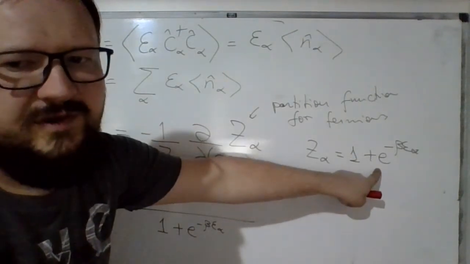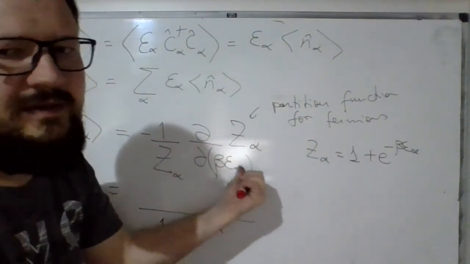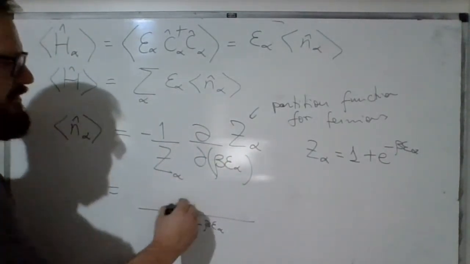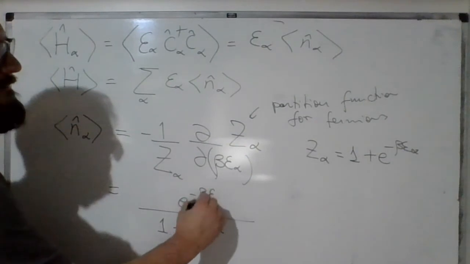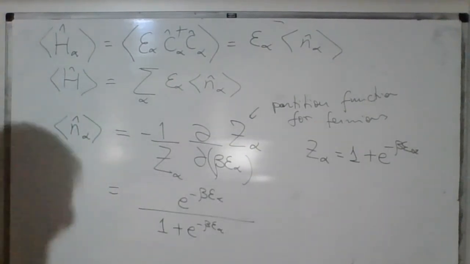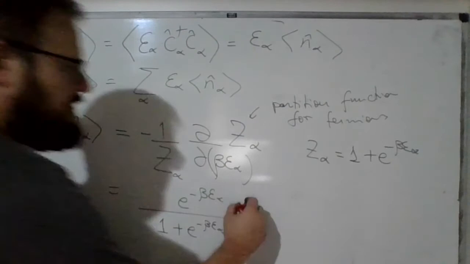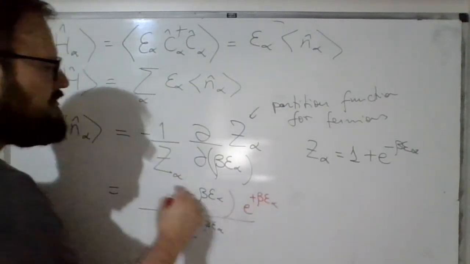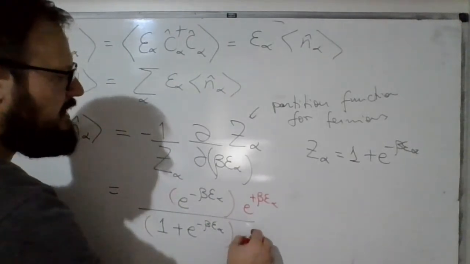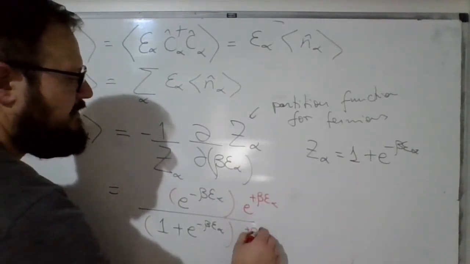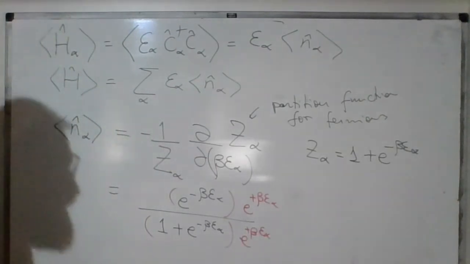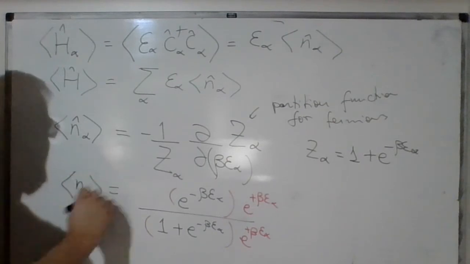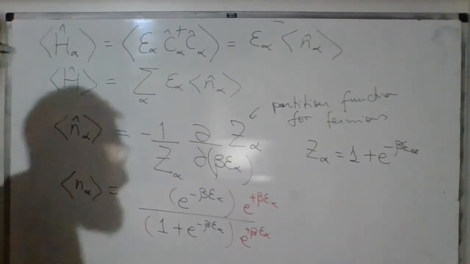The derivative of this exponential produces a minus sign and repeats the exponential. But this cancels out this exponential here, so we have e to the minus beta E alpha. And we are again able to multiply by e to the plus beta E alpha in the numerator and in the denominator.